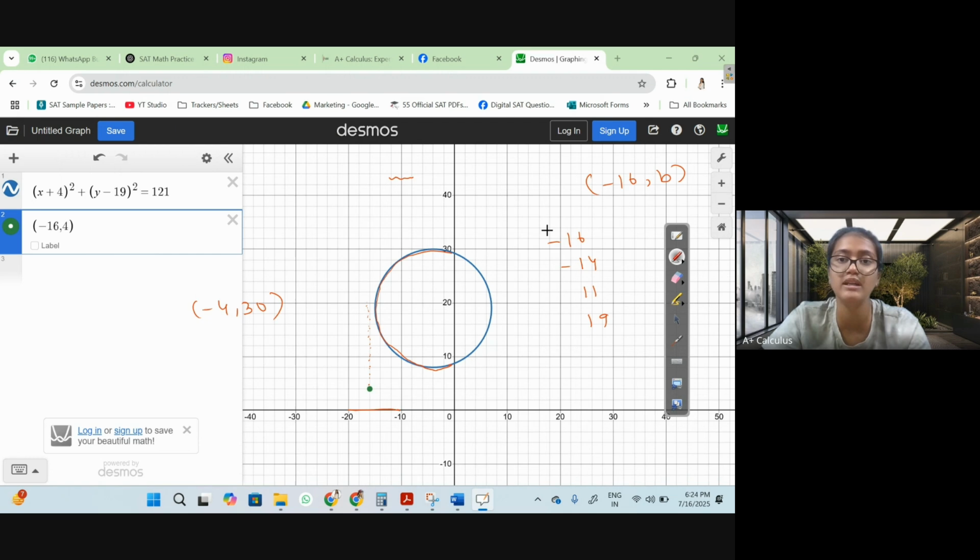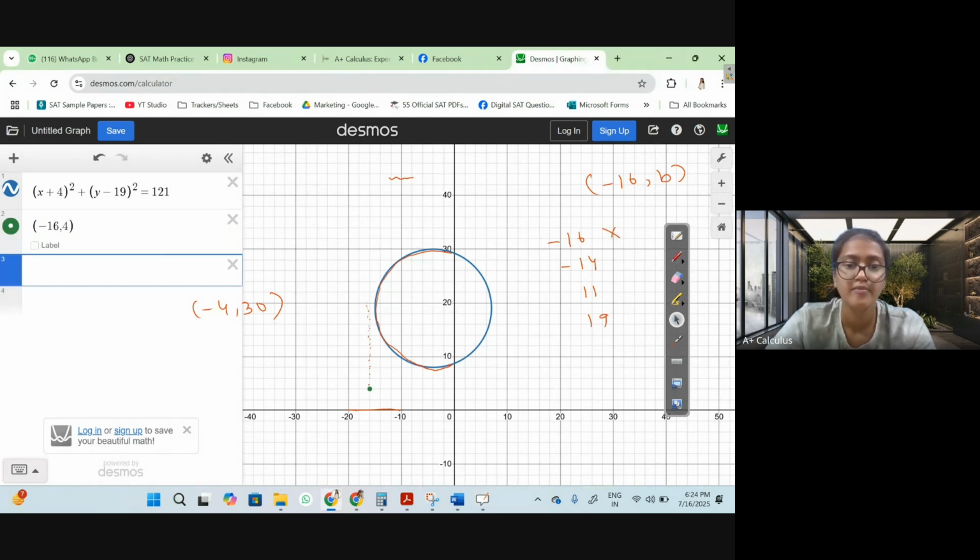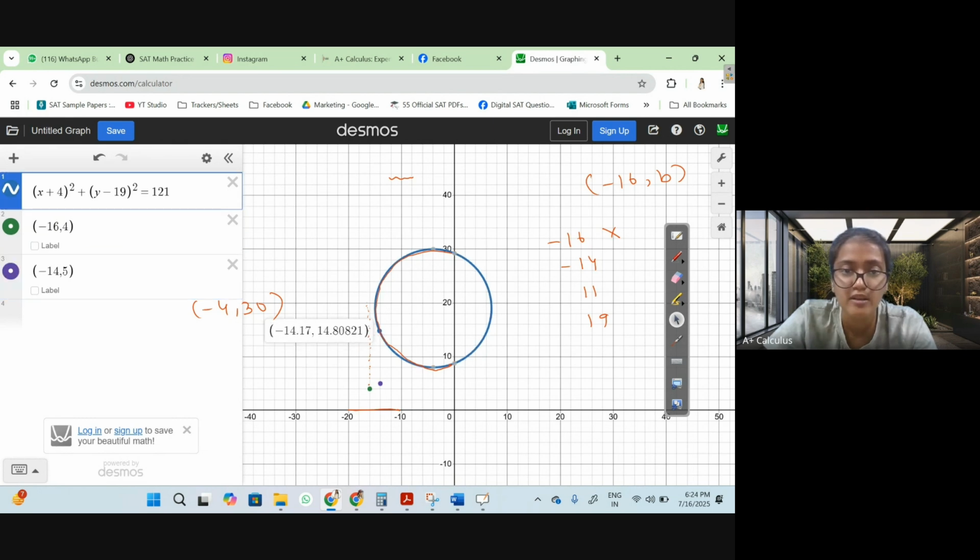So it cannot be -16. Can it be -14? Yes, let's just see. Yeah, it can be -14 if I take this point. It can be -14. Yes, it is possible. -14 is possible.